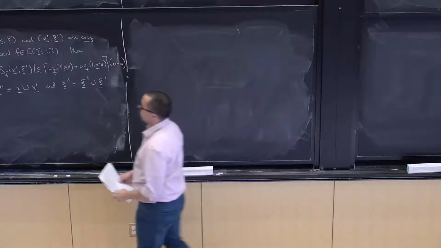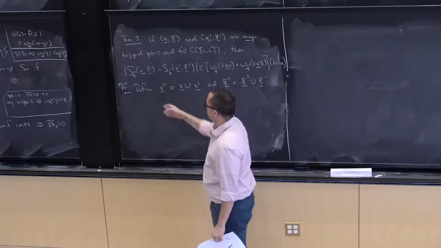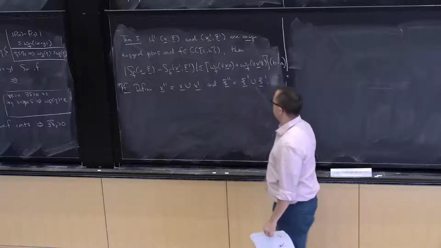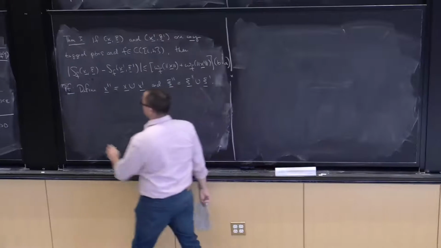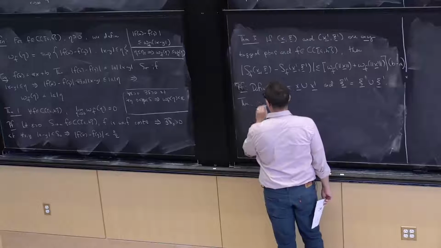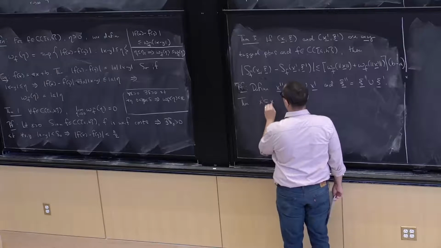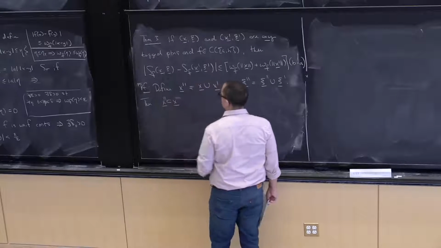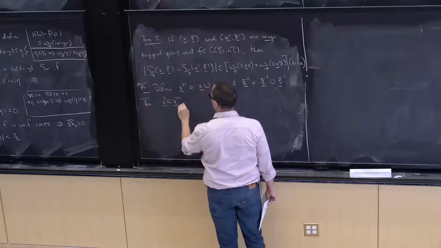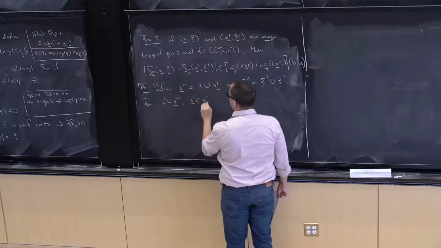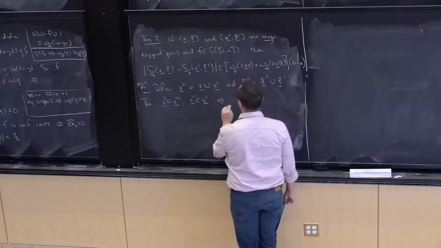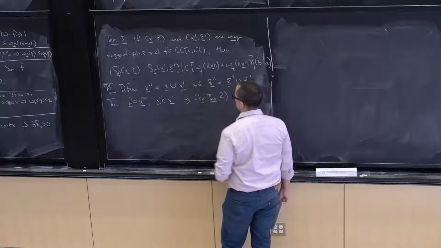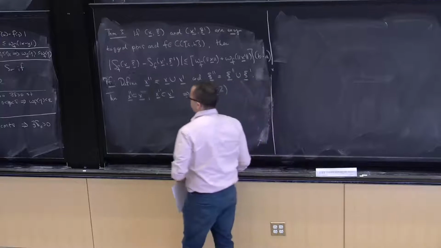So all the partition points of x and x prime, I throw together to get a new partition x double prime, and the tags as well. Then this new partition is finer than x. It's finer than x prime, and therefore by Theorem 2, we have this estimate.